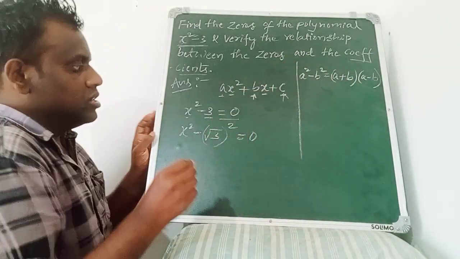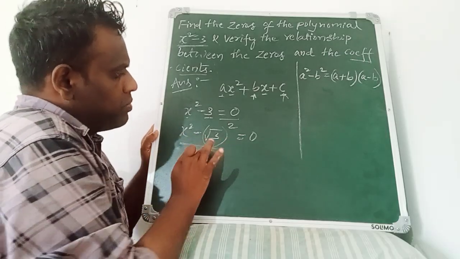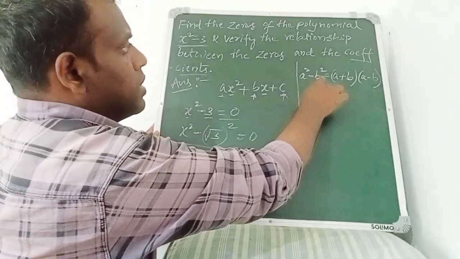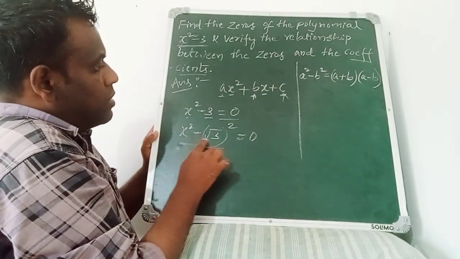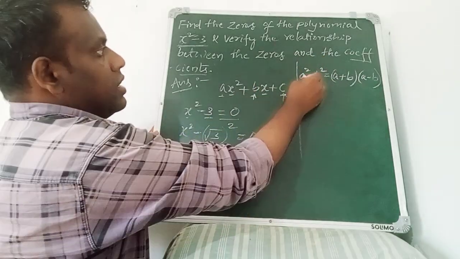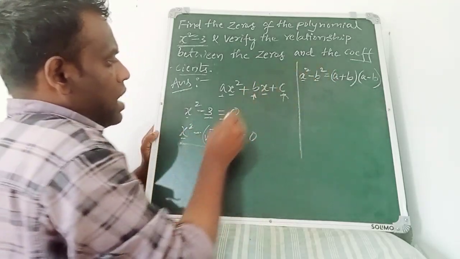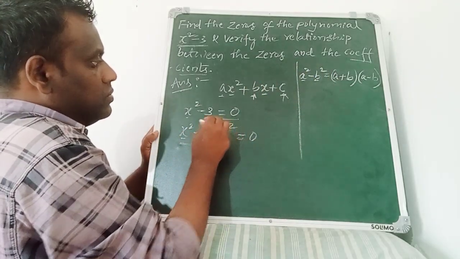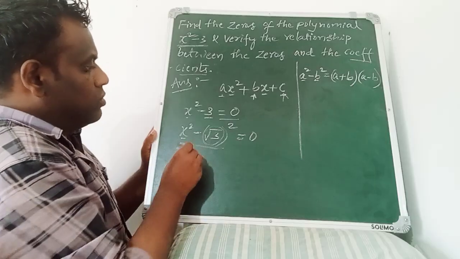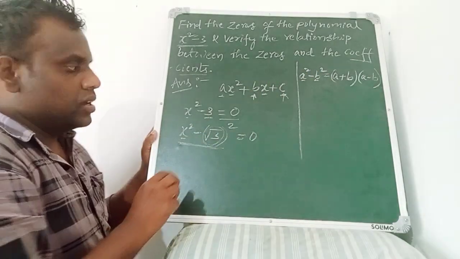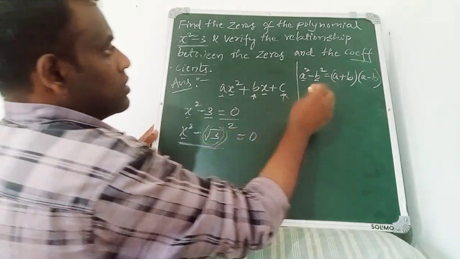You see this is in the form of a square minus b square: x square minus root 3 whole square. In place of a we have x, in place of b we have root 3. Now this can be simplified using this formula. So I am writing this here.